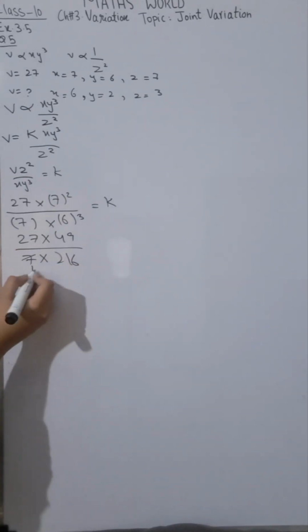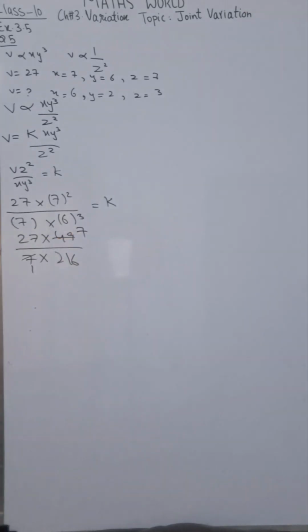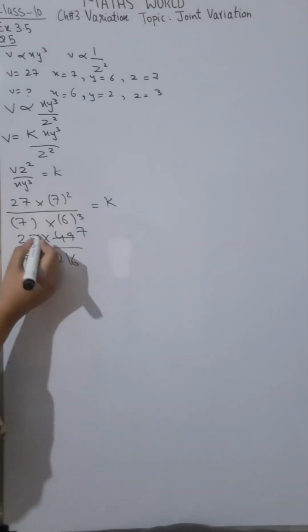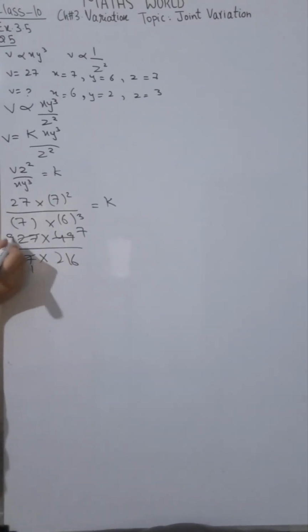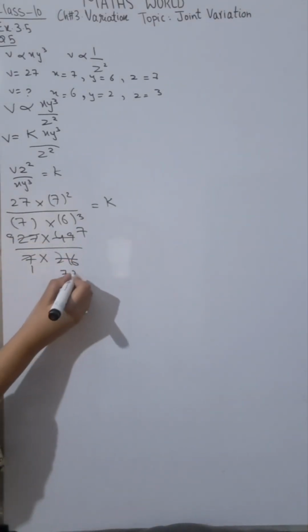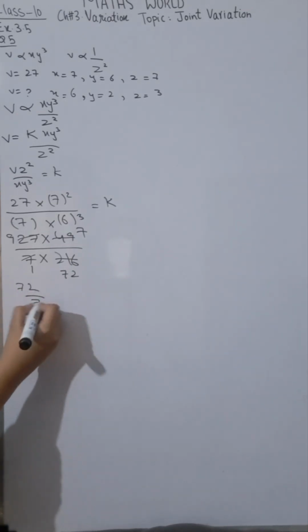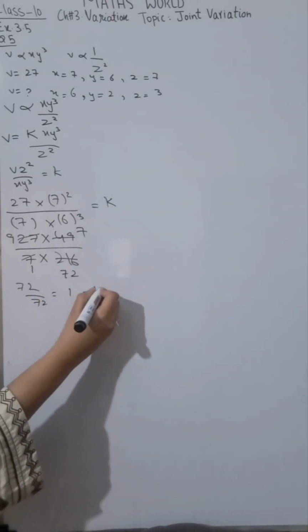So 7 1s are 7 and 7 7s are 49. So if you just see, 3 9s are 27, 3 7s are 21 and 3 2s are 6. So now you have got 9 into 7, 72 by 72. So it is 1 and equals k.